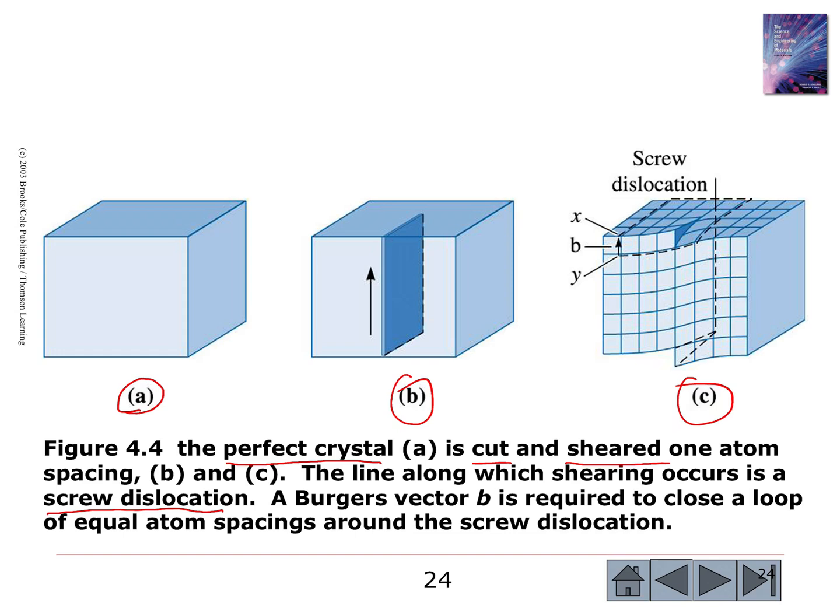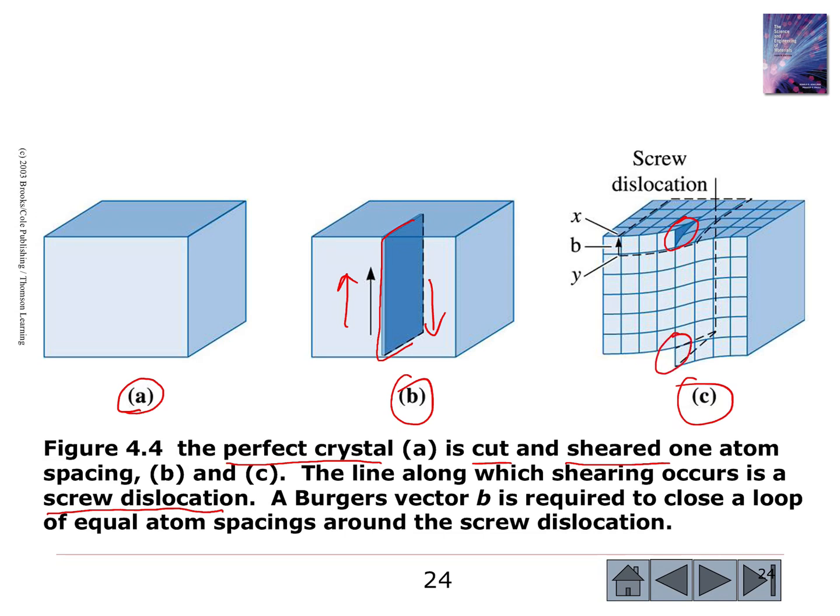A Burgers vector b is required to close a loop of equal atom spacing around the screw dislocation. So if you want to shear this perfect crystal about this plane, you are going to end up with this figure.